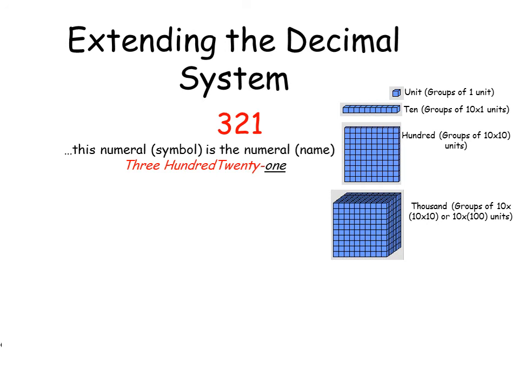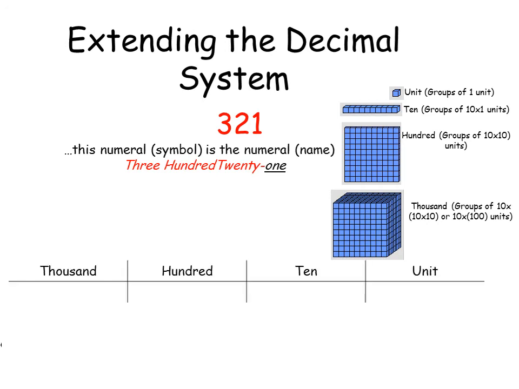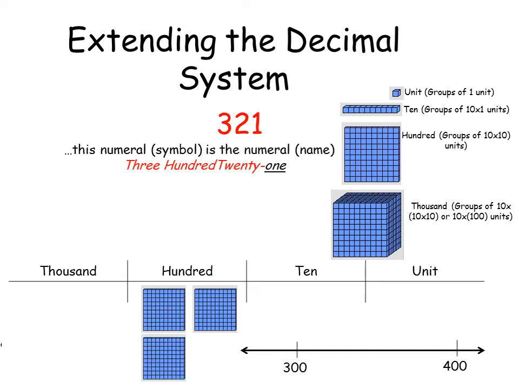So if this is my unit, my 10, my 100, and my 1,000, if I wanted to represent 321 with base 10 material, I would have 3 hundreds, which are the flats, 2 tens, or 2 rods, and 1 unit for 321.